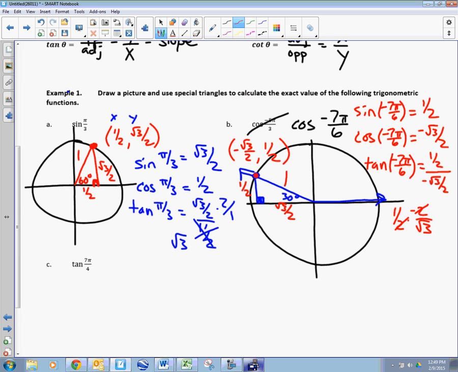You can see those cancel. I get negative 1 over the root of 3. How do you simplify negative 1 over the root of 3? Yeah, multiply by the root of 3, you get negative root of 3 over 3. And that's what tangent is.